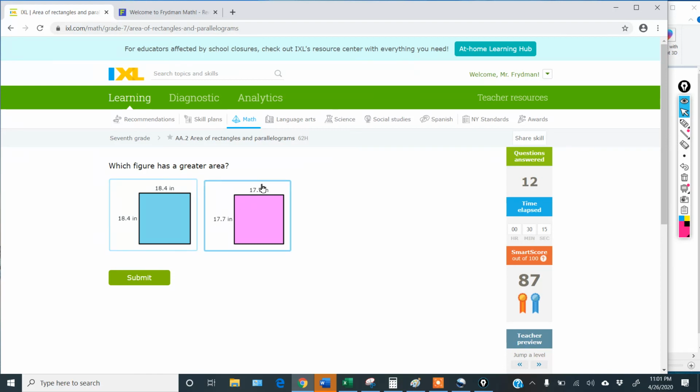So these numbers are both smaller than these numbers. So of course, when I multiply these numbers together, I'm going to get a larger result than if I were to multiply these numbers together. So even without actually multiplying them, I know that the area for this one has to be bigger than the area for that one.